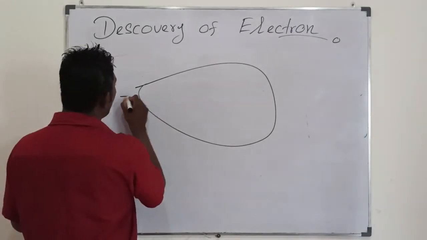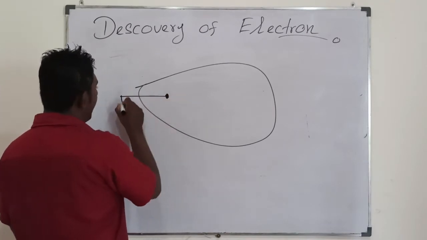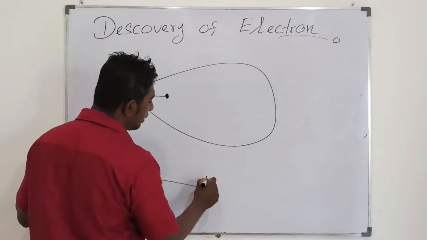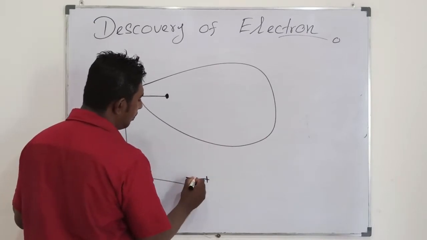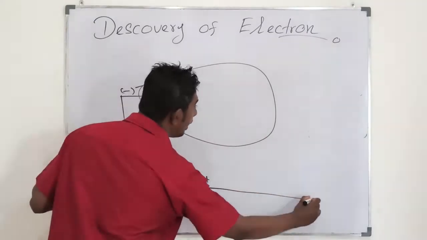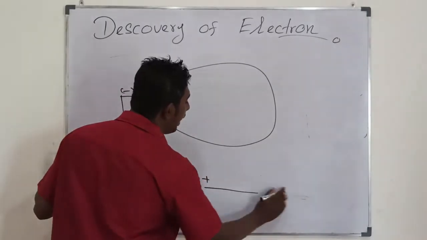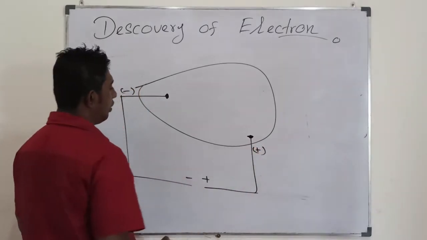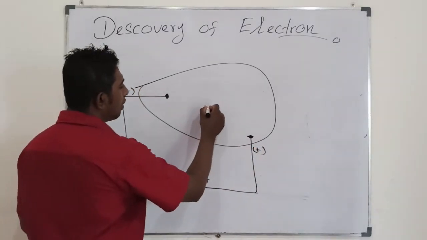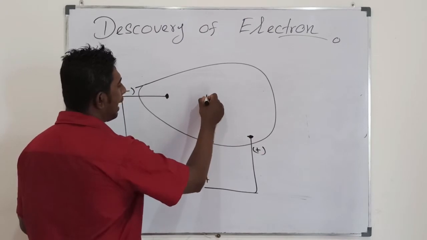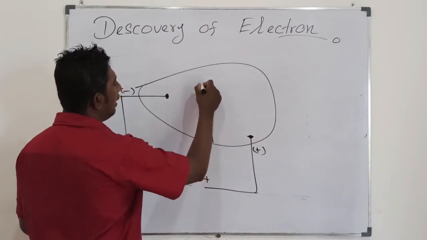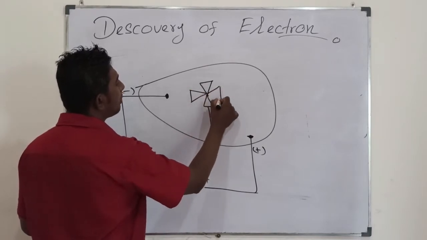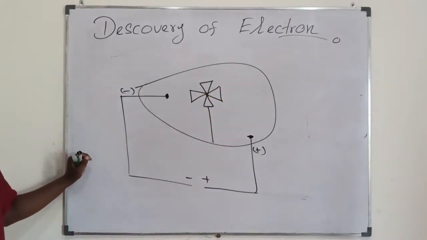So then the cathode was placed there. This is the cathode, the negatively charged electrode. This is the high voltage supply. Then he placed the anode somewhere like this. This is the anode. So on the path of the cathode rays, he placed an opaque object.